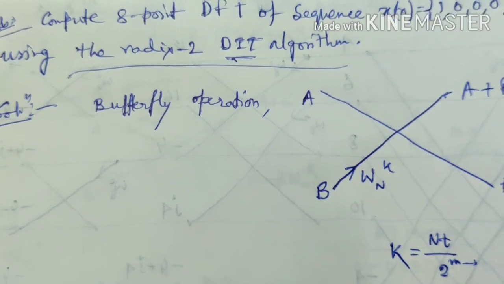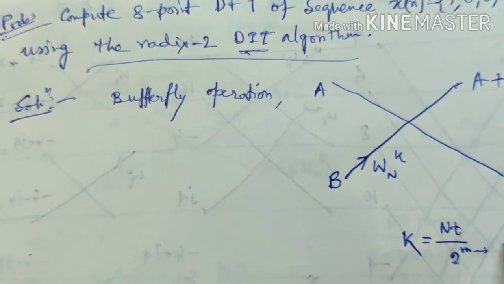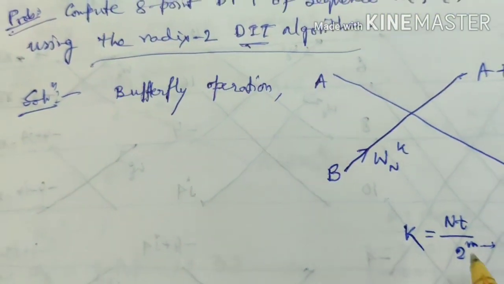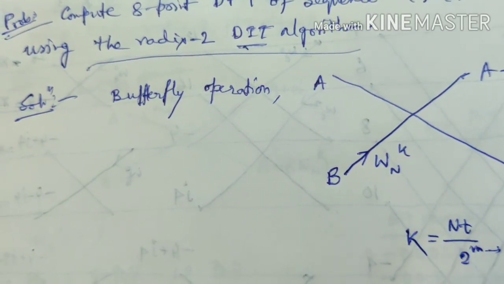M is the number of stages, t takes values 0 1 2 3 4, and N is the number of points of the DFT.